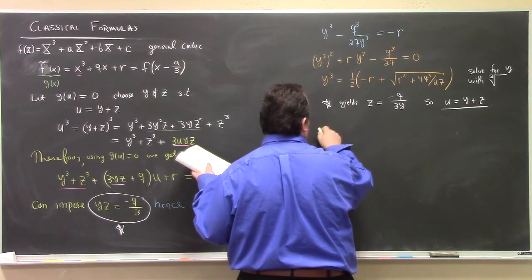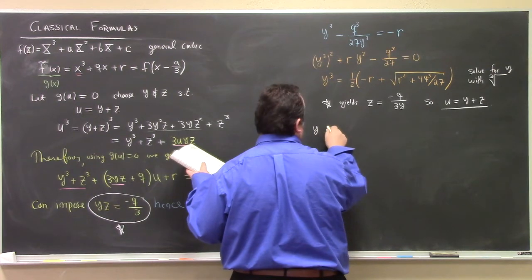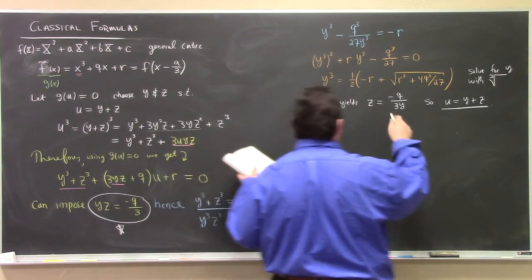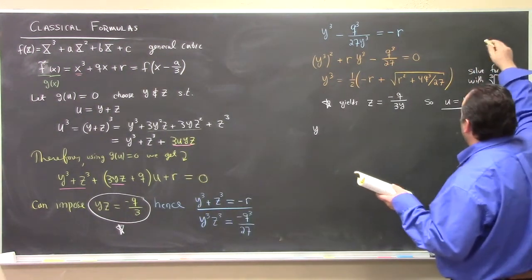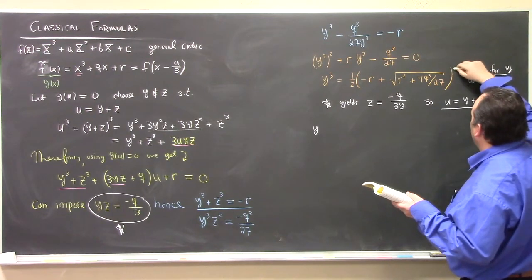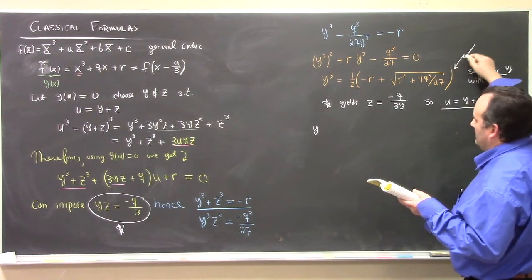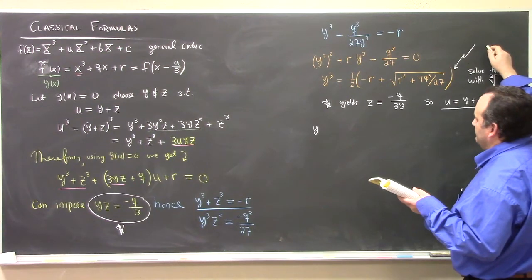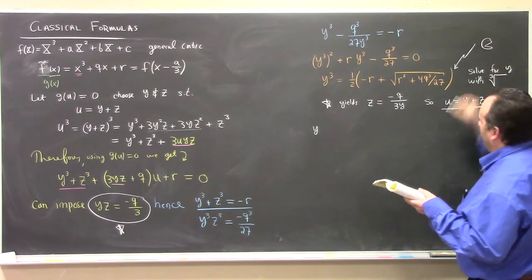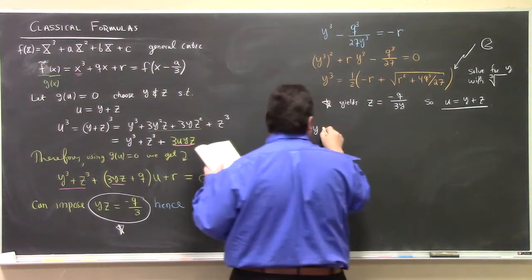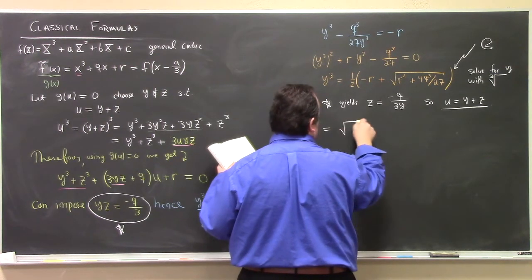I need to give a name to this whole expression here just to make my life a little bit easier. I'll call it Pac-Man. So we can either put y equal to the cube root of Pac-Man, right?